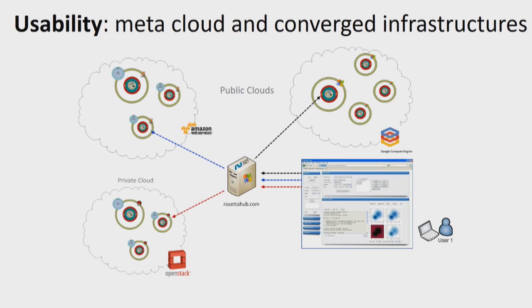In order to achieve usability, we created a meta cloud. Basically, this is like putting a wrapper around Amazon EC2 and Google GCE and all your private clouds, and making all of them obey the same API and the same administration consoles. So you have a container, you say, okay, I'd like this container to be on Amazon, and that's the duty of Rosetta Hub, to get it to run where you want, where your data lives, basically, in general.